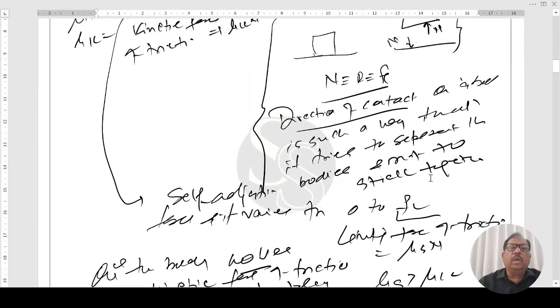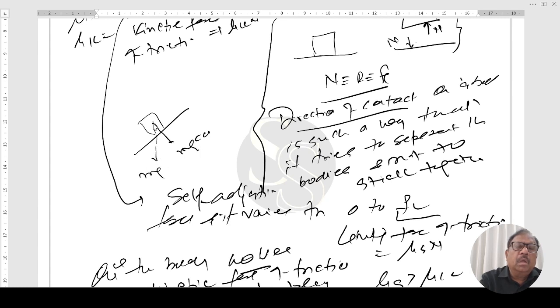In case of an inclined plane, the forces acting will be mg cos theta and mg sin theta. The mg sin theta component always acts down the plane, and mg cos theta perpendicular to it. This is regarding certain concepts regarding friction force.